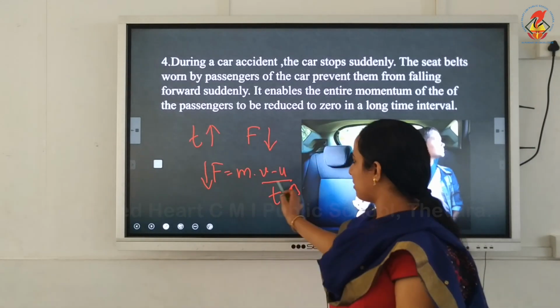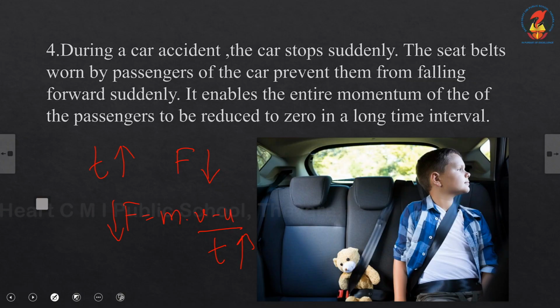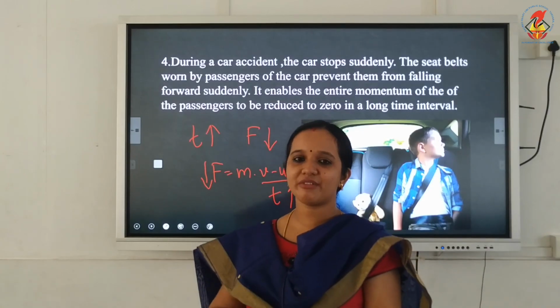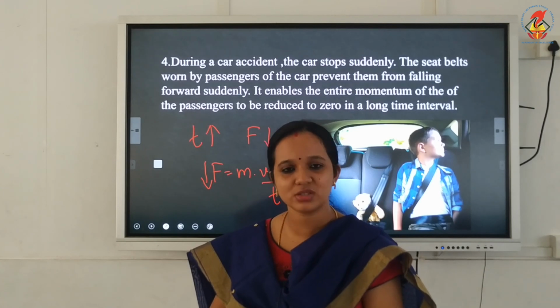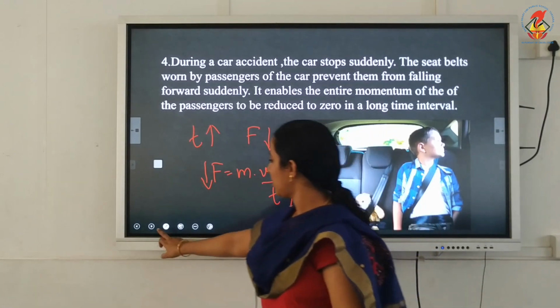So the time of forward motion increases, which decreases the force applied by us on the front panel of the car, which in turn reduces the reaction force, so we may not get hurt.